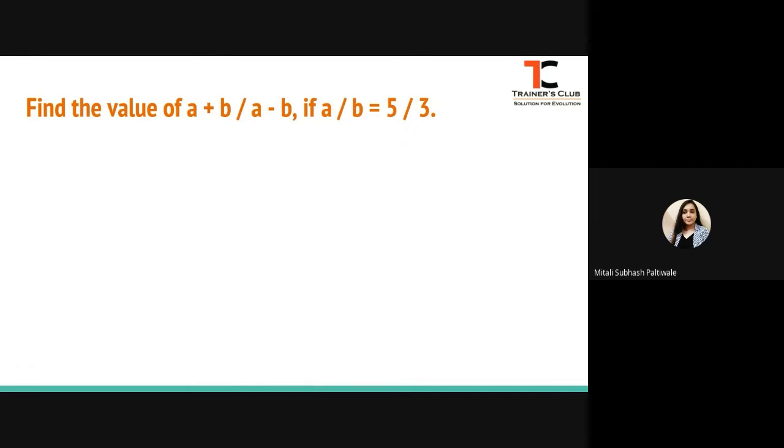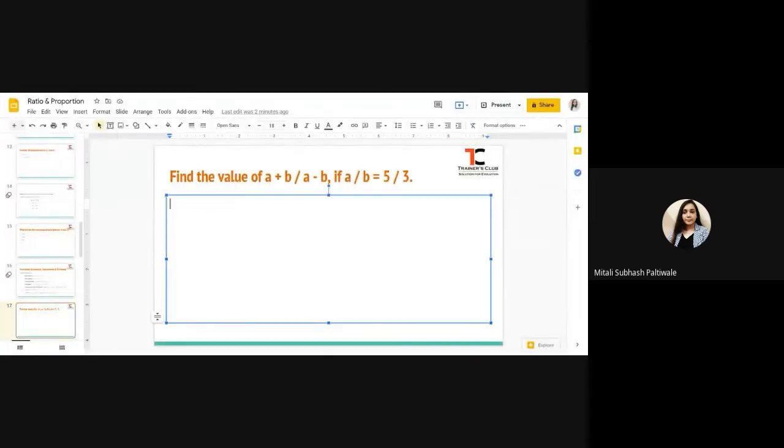Now find the value of A plus B by A minus B if A by B is 5 by 3. Here we need to use componendo and dividendo. A by B is equal to 5 by 3.